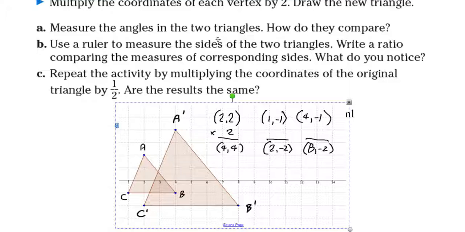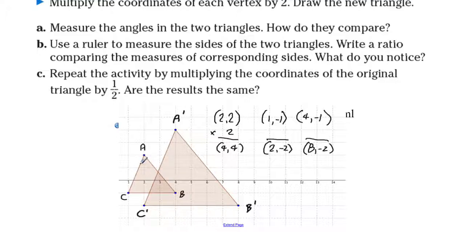How do they compare? I'm not going to measure it for you, but you'll find out. Once you measure angles, angle A is congruent to angle A prime, angle C is congruent to angle C prime, and angle B is congruent to angle B prime.